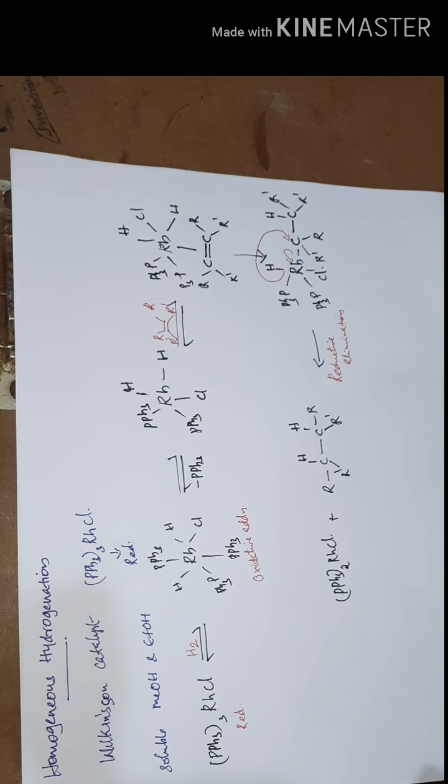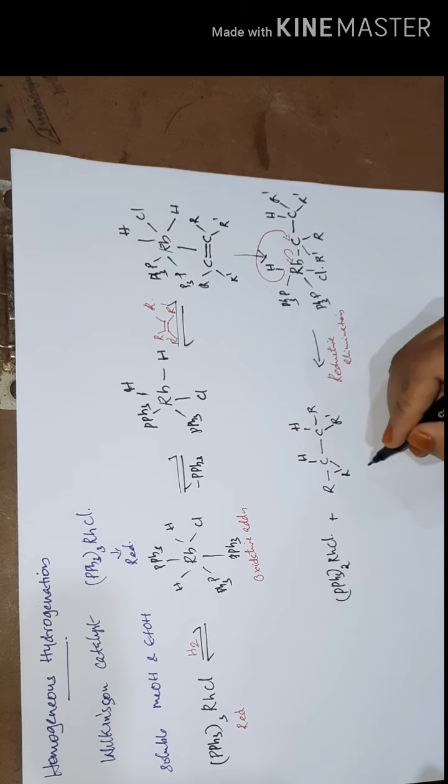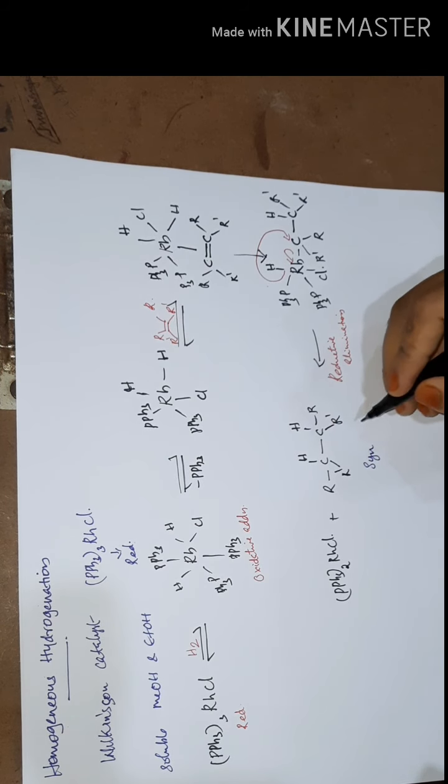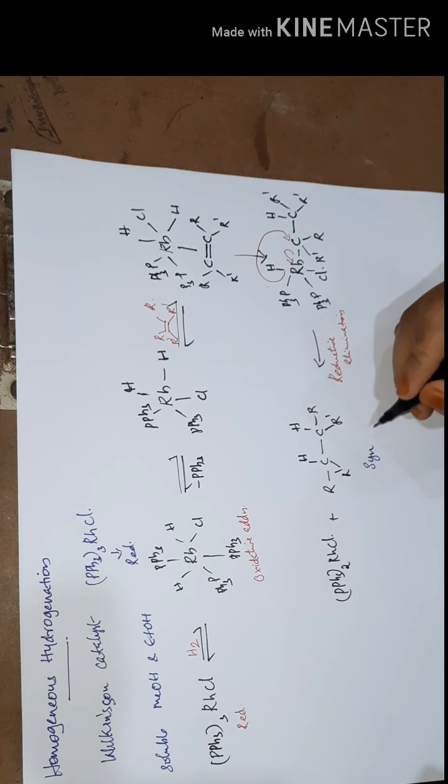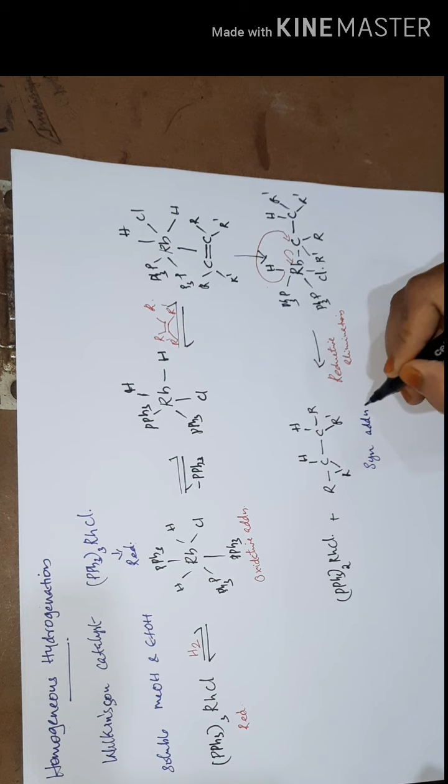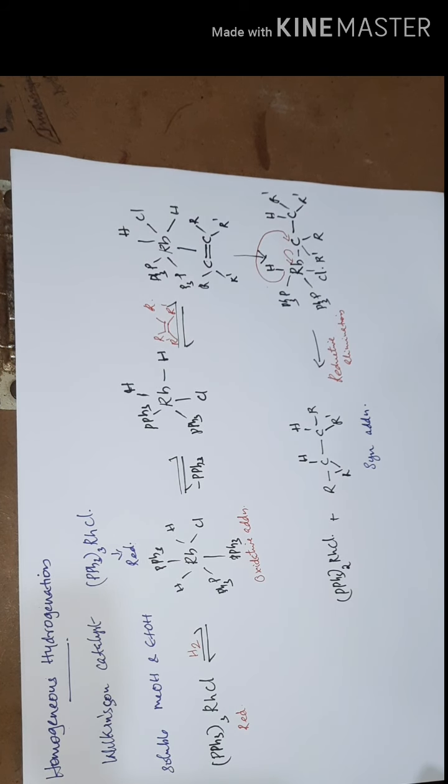And from this it is clear that the addition of hydrogen to this alkene is a syn addition. Syn addition is taking place, or the product is formed as in syn addition. Okay, this is the basic mechanism, the basic schematic representation, of the homogeneous hydrogenation process.